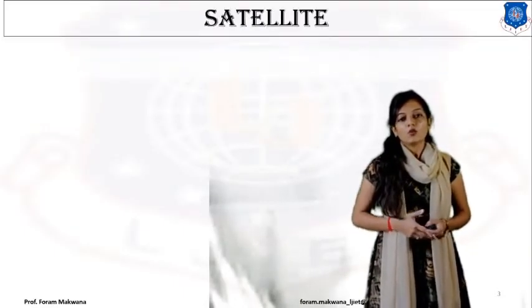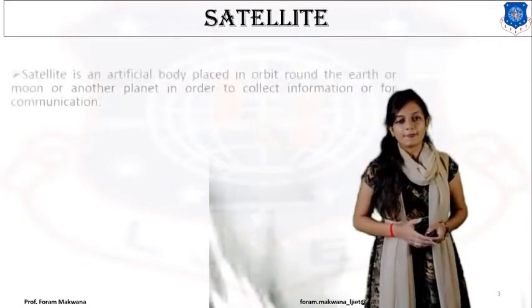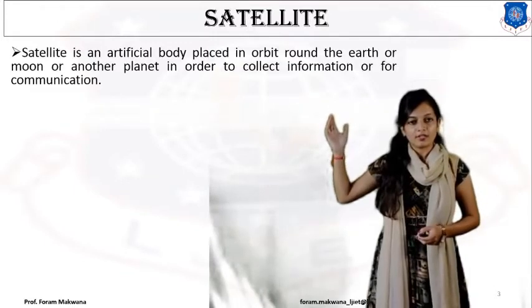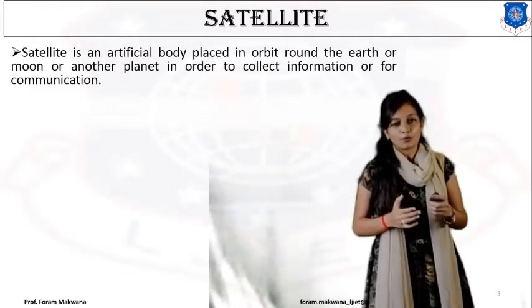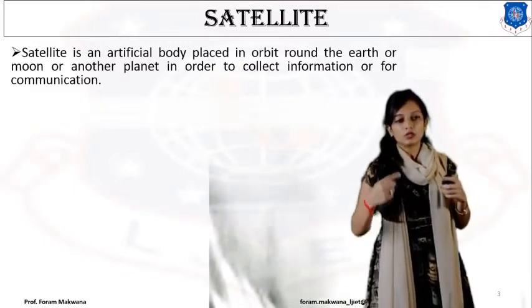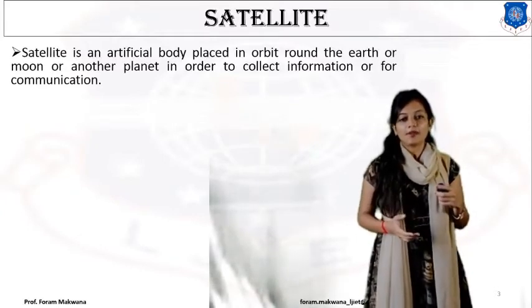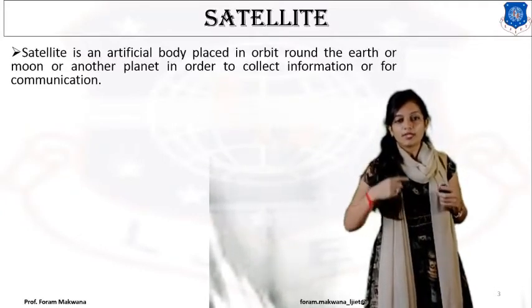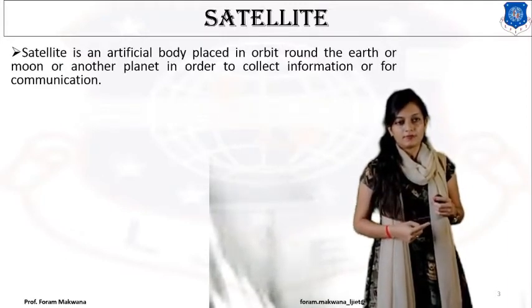First of all, what is a satellite? A satellite is an artificial body which is placed in the orbit, moving around the earth. We can compare it to the different planets rotating around the sun.